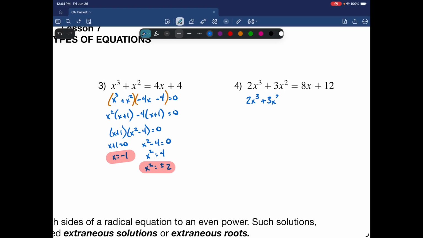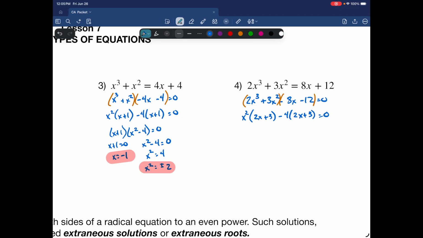3x cubed minus 8x squared minus 12x plus 32 equals 0. Once again, factor by grouping. Pull out an x squared, and that's going to leave me with 3x minus 8. Pull out a negative 4, which is going to leave me with 3x minus 8.